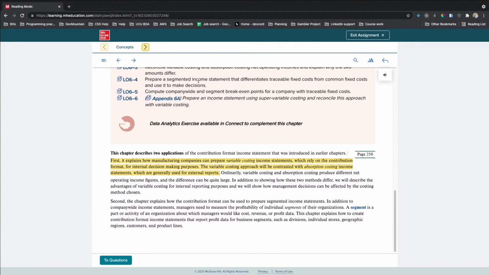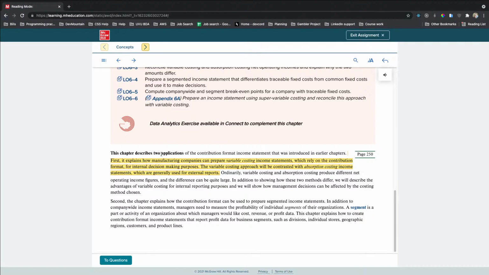Prepare segmented income statements, differentiate traceable fixed costs and common fixed costs, and use them to make decisions. Compute company-wide and segment break-even points with traceable fixed costs. And prepare an income statement using super variable costing and reconcile this approach with variable costing.